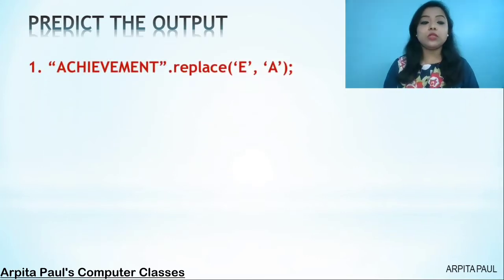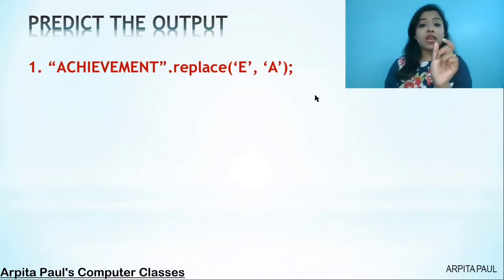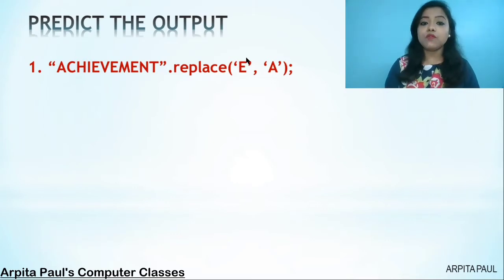So the first question: within double quotation marks I have provided the string, that is "achievement".replace('E','A'). Basically, the purpose of the replace method is to replace a specific character with another specific character. So wherever E comes, it will be replaced with the character A. What will be the answer?